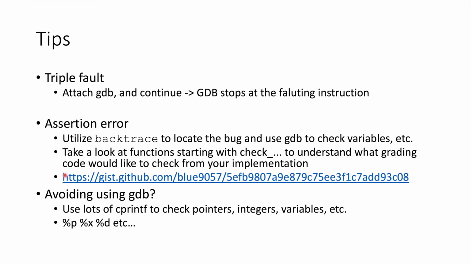And please visit the website that I put the link below. This code has much more description in the comments about what each assertion wants to check, and that will help you understand what is incorrect in your code.